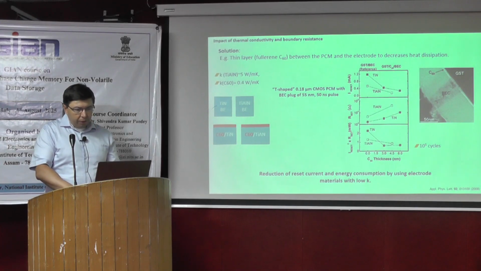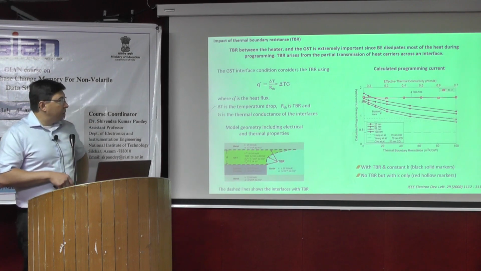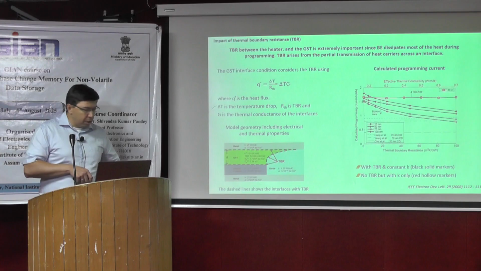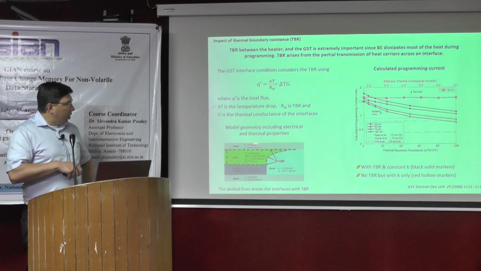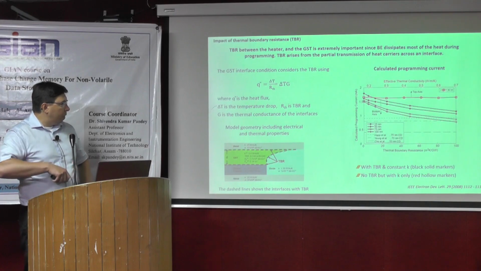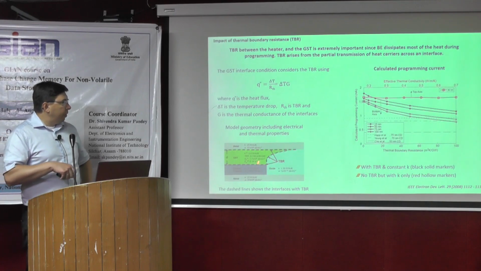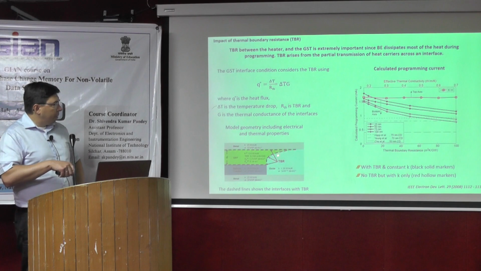Another site where we have some losses in the material goes through some interfaces in the cell. If we consider our phase change device consisting of metal, GST, and bottom contact electrodes, we have different interfaces, like between metal and GST, between bottom contact and GST, and also between silicon oxide and GST.